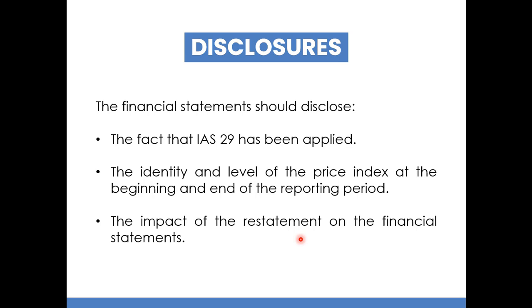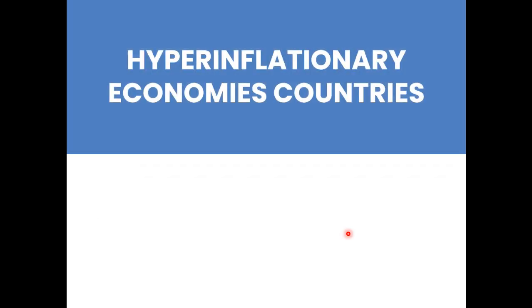For example, the financial statements before restatement and after restatement, and what the impact is on financial reporting and profitability, must be disclosed in the notes, so that users of this financial information can easily understand it and make decisions based on it.